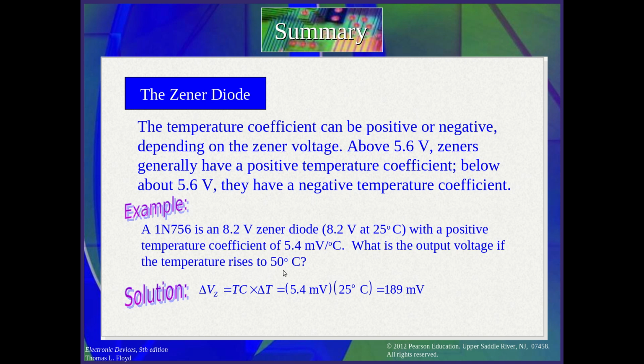You take the difference in the temperature and the coefficient, and find the output voltage. He wants the output voltage, not the TC, because he gave it to you. This is not the output voltage, this is the difference in the voltage from 8.2, so you take the summation with 8.2. This is the output voltage now.